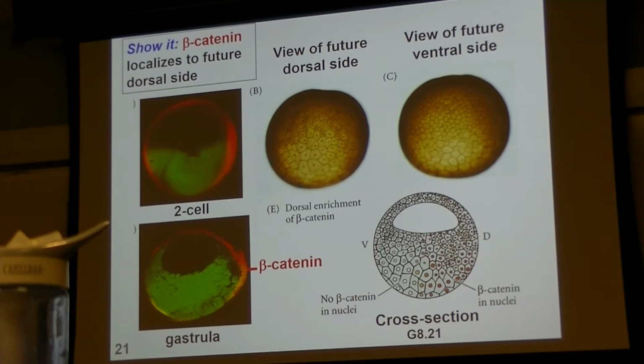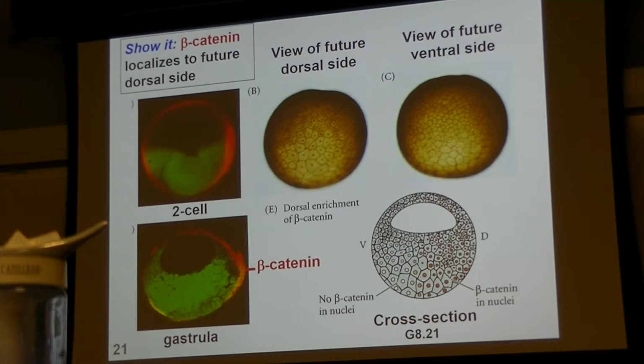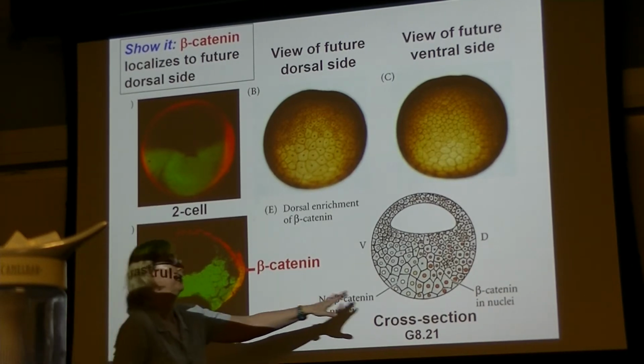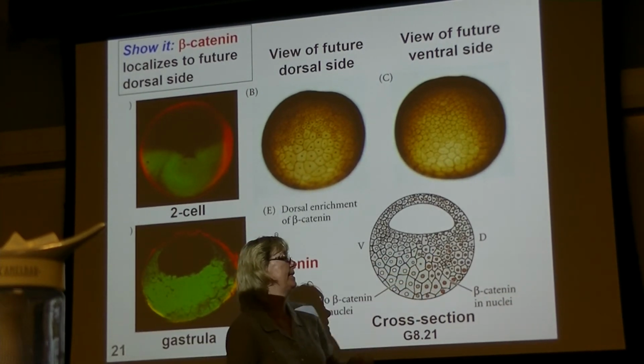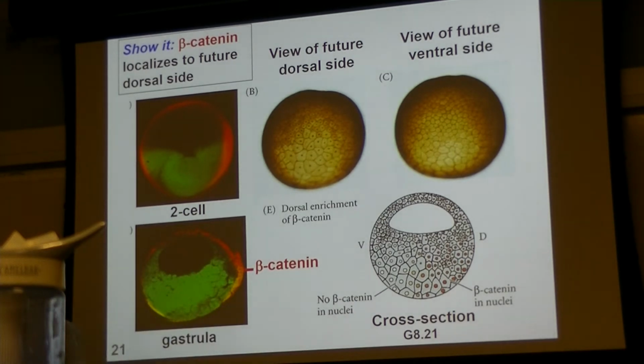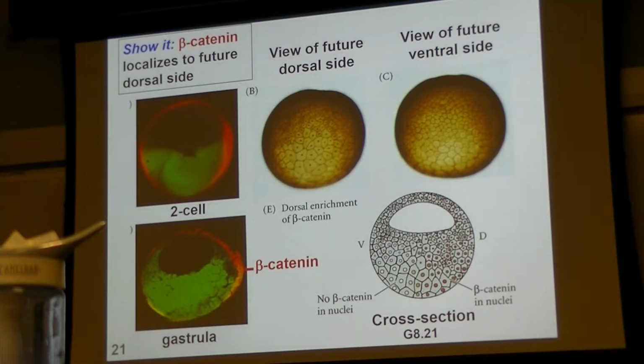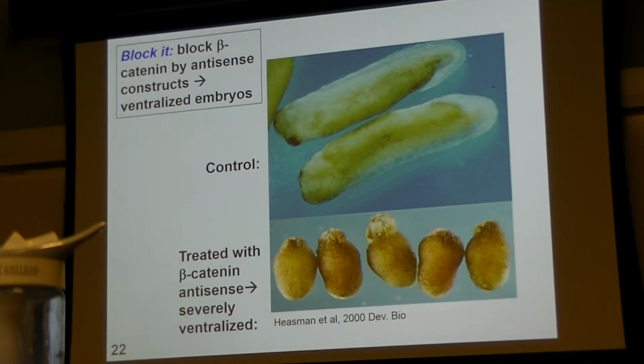When we flip the embryo around and show you the other side, there are no spots, so beta-catenin protein is more in the cytoplasm, or gone, definitely not in the nucleus. And here's a diagram of what we saw before, beta-catenin enriched in the nuclei on the dorsal side. So that's show it. Okay, block it.